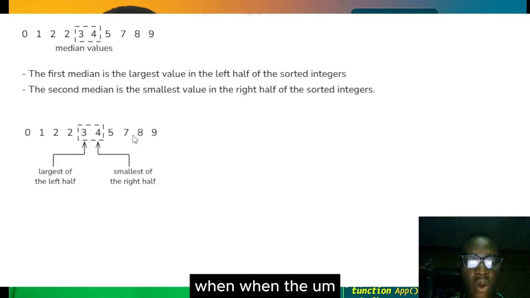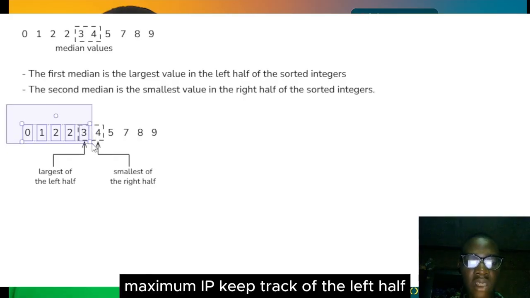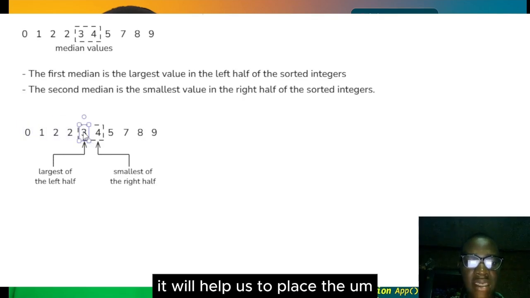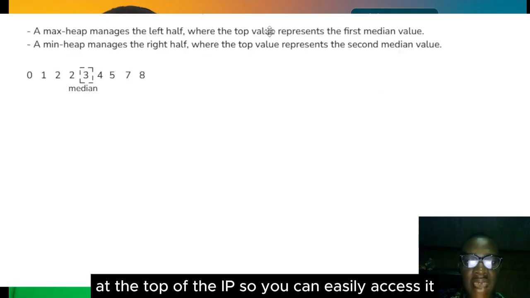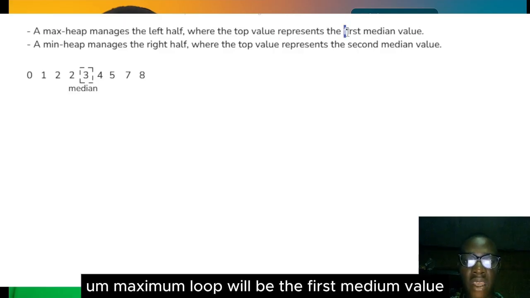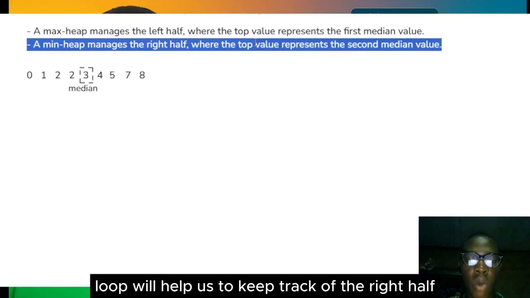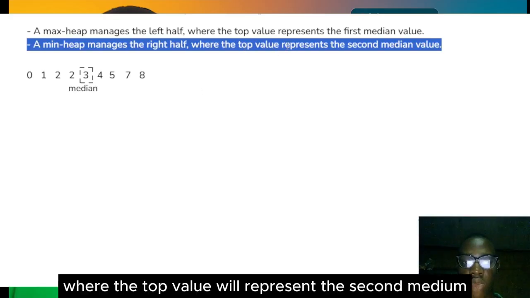When the maximum heap keeps track of the left half, it places the maximum value of the left half at the top of the heap, so you can easily access it. That value at the top of the maximum heap will be the first median value, while the minimum heap will help us keep track of the right half, the minimum value in the right half, where the top value will represent the second median value.